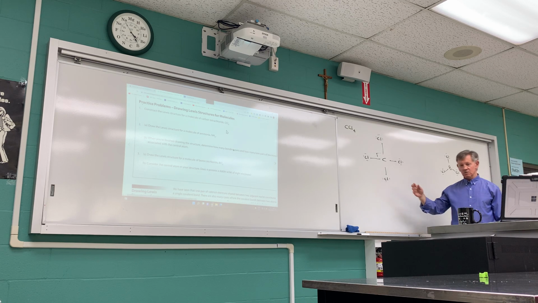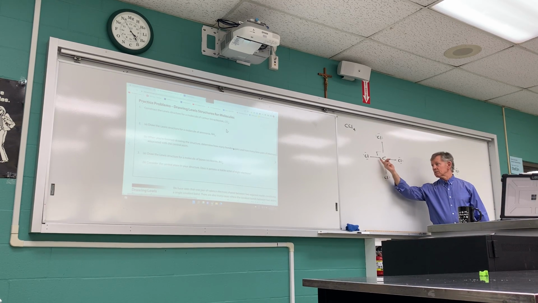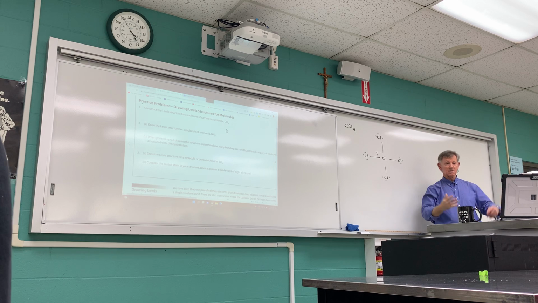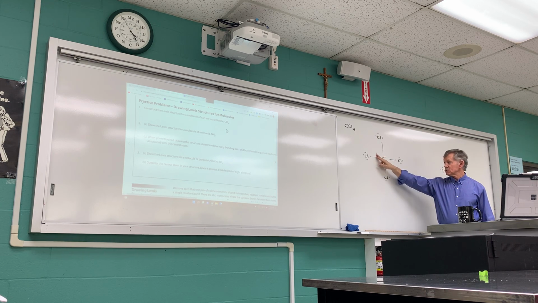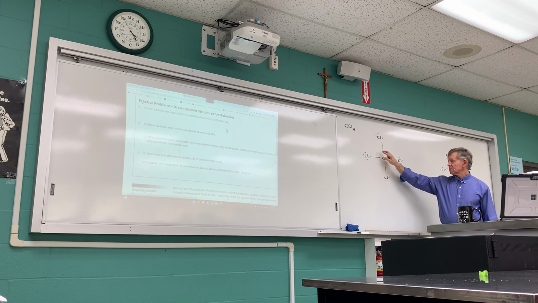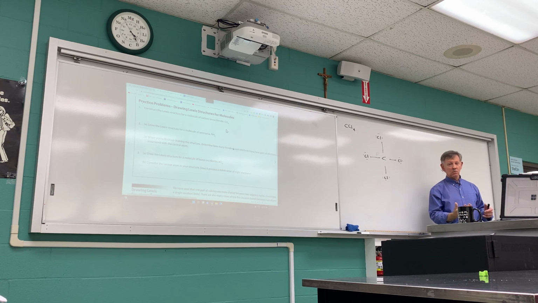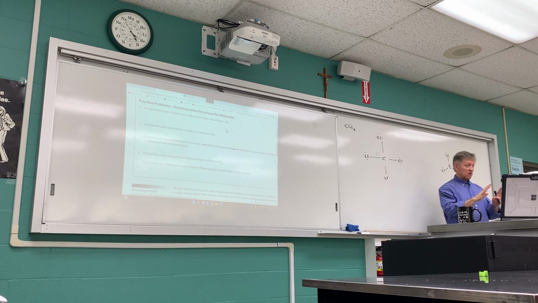But as it turns out, each of those pairs of electrons are regions of negative charge. They want to try to get out of each other's way in 3 dimensions, right? So in 2 dimensions, they're only 90 degrees apart. But in the 3-dimensional world, they adopt what's called a tetrahedron, where they can get farther than 90. They're actually 109.5 degrees.